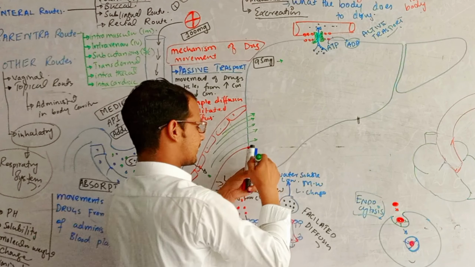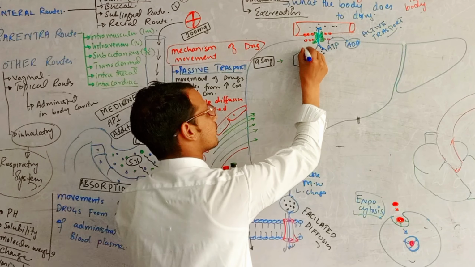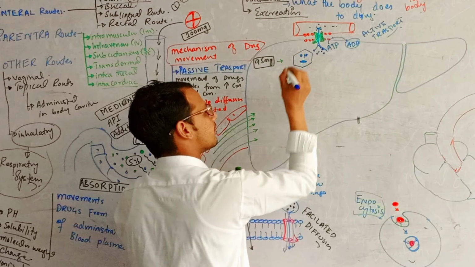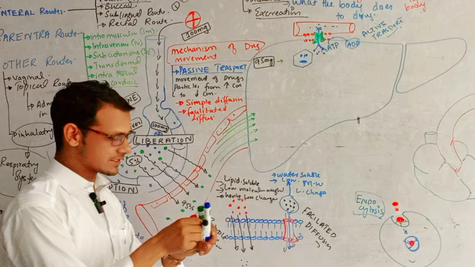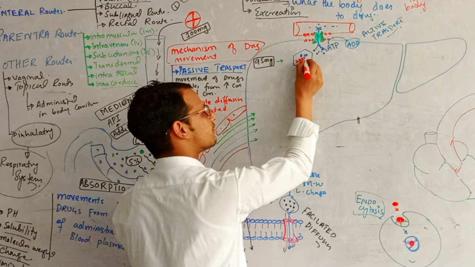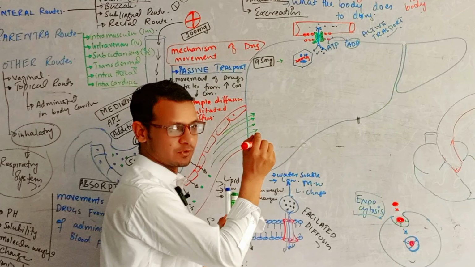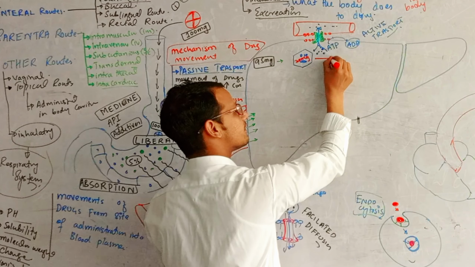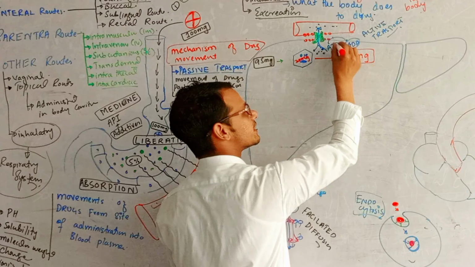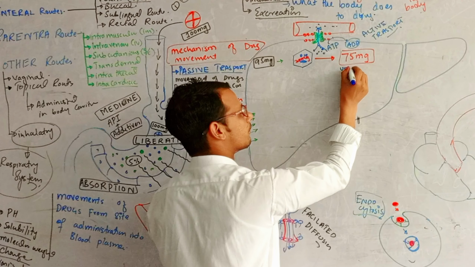This liver cell engulfs 20 mg from this 95 and metabolizes it. The remaining is 75 mg. This is the unchanged drug.